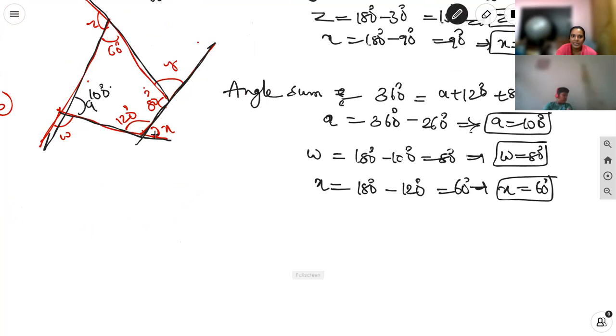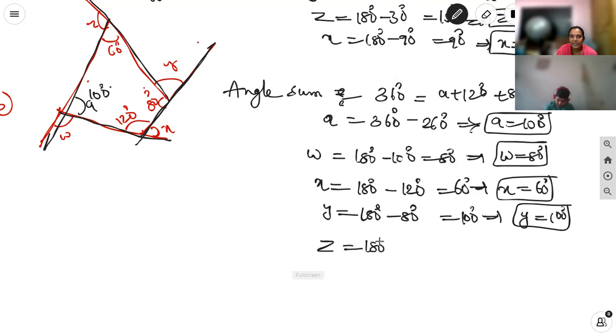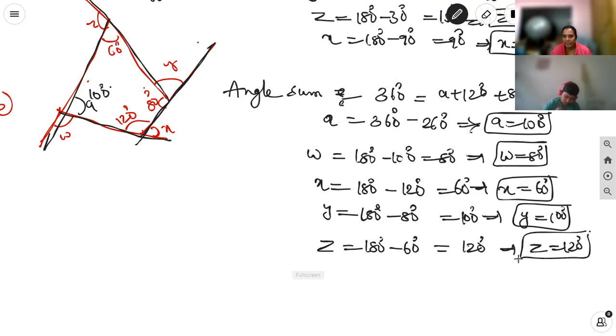For Y, it is also a straight line, so Y equals 180 degrees minus 80 degrees, which equals 100 degrees. For Z, Z equals 180 degrees minus 60, because all are straight lines only, so Z equals 120 degrees. Okay, these are the solutions using straight lines and the angle sum property of the quadrilateral and also the triangle.